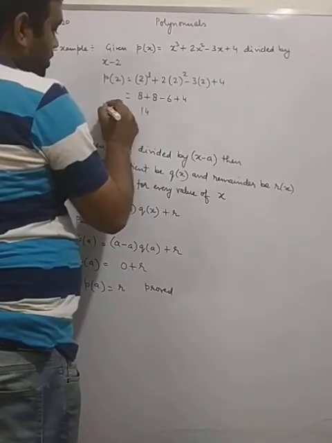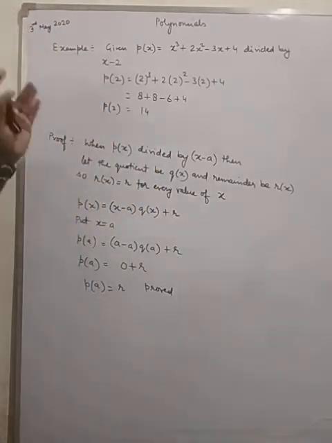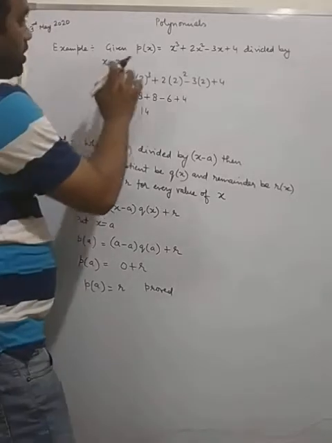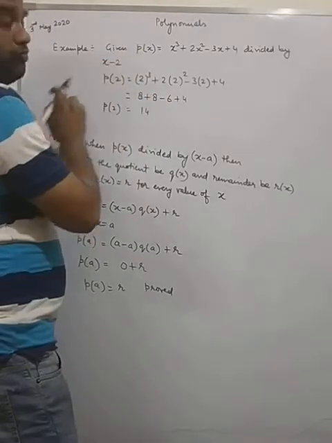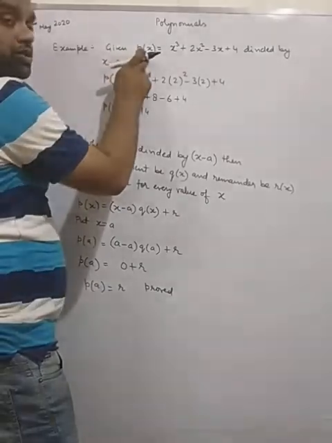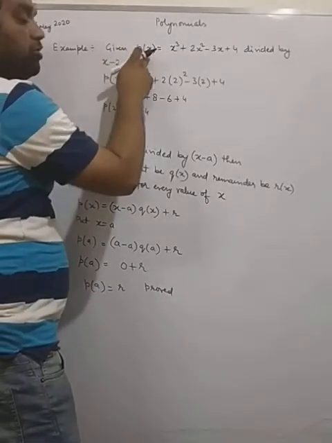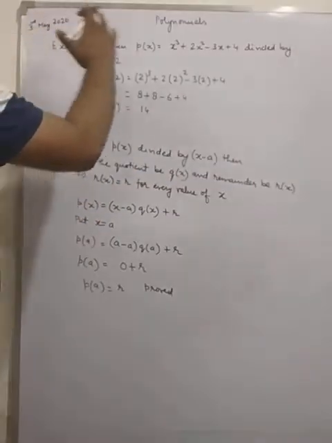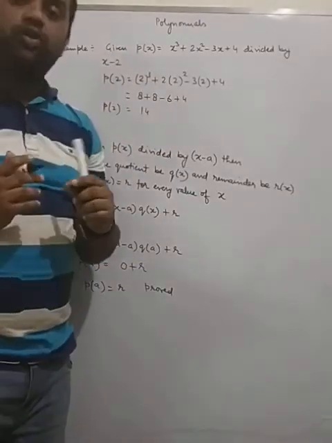So the remainder will be 14. We have just put 2 in place of x. When the sign in the divisor is negative, we put positive here, and when it is positive, we put negative. So this is all about the remainder theorem.